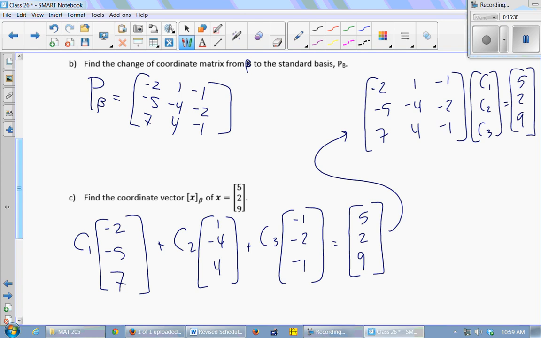I could either take that change of coordinate matrix, augment it with 5, 2, 9, and row reduce, or I could multiply both sides of that equation by the inverse of that matrix. That's actually what I asked you to do in part D. So in this one, we'll just row reduce.